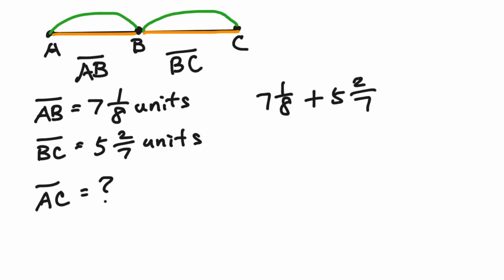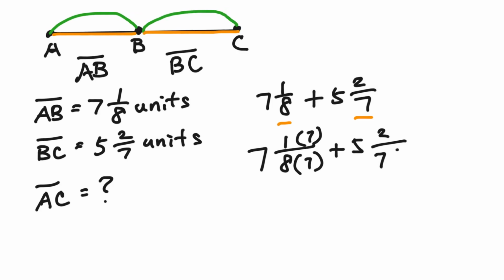And in this example, we have two denominators, 8 and 7. So we know we can times them together for the denominator to be the same. So we're going to take 7 1/8 times by 7 and times the top by 7, plus 5 2/7 times by 8 and the numerator also by 8.